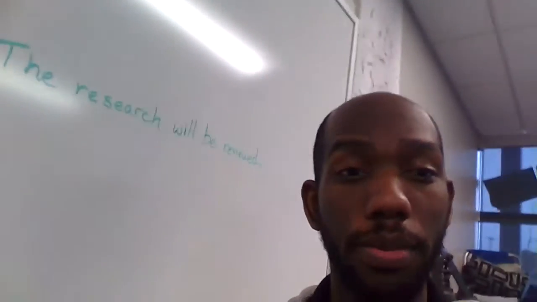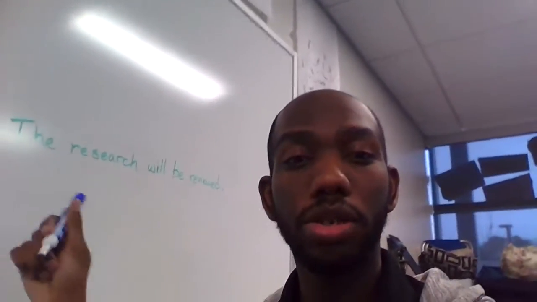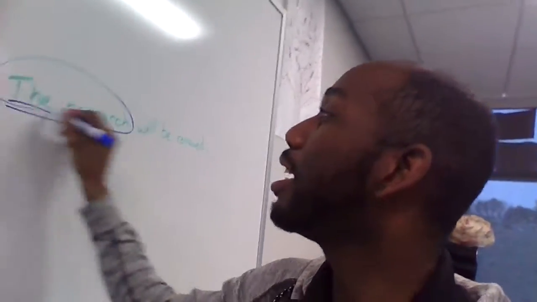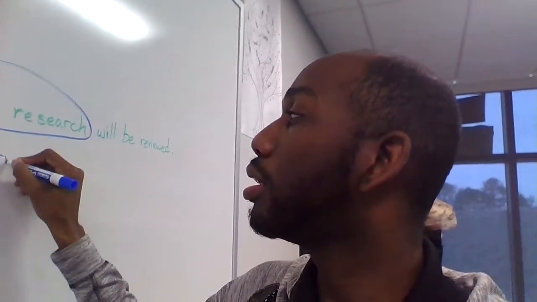Okay, so in this sentence, is research specific or general? The research will be reviewed, specific or general. We have the use of the word "the." So in this sentence, I'm referring to a specific body of research.